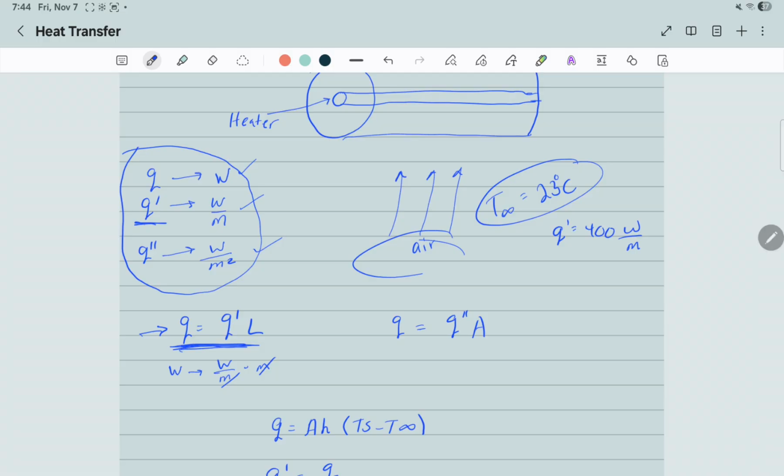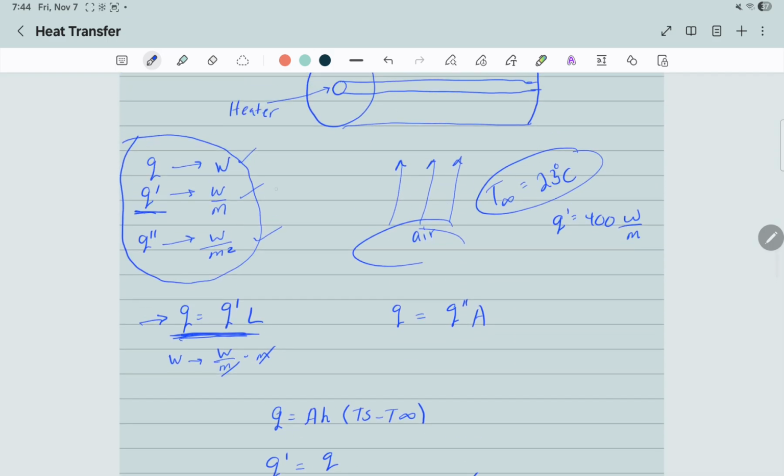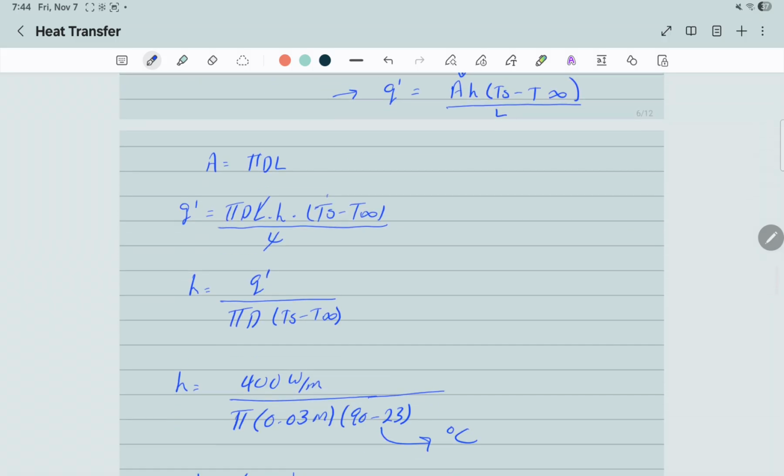To convert, Q prime equals Q over L. Q double prime equals normal Q over area. And that's it for this example.